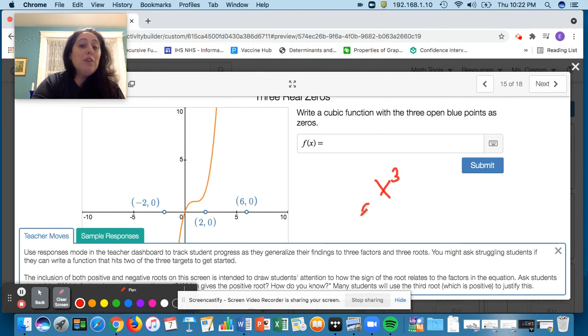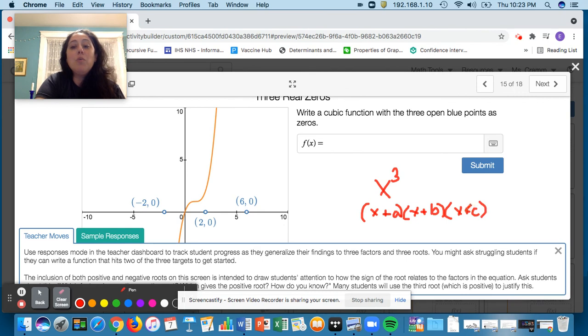So let's just pretend we have x plus a, and x plus b, I'm just choosing random letters, and x plus c.